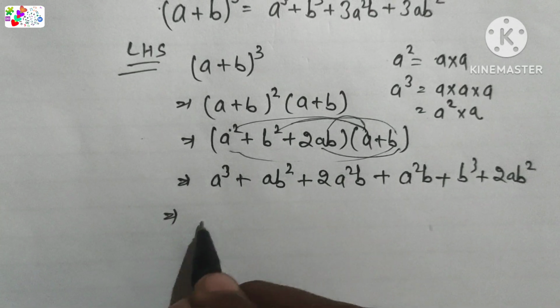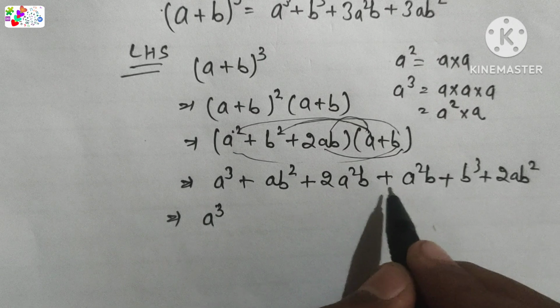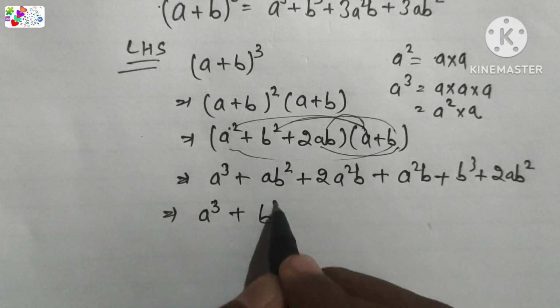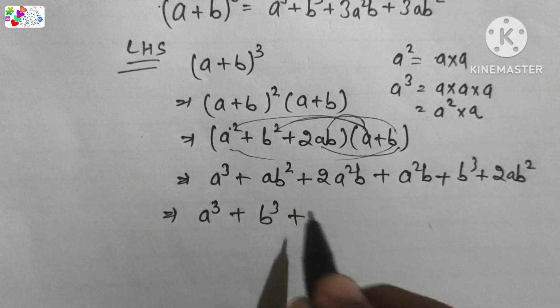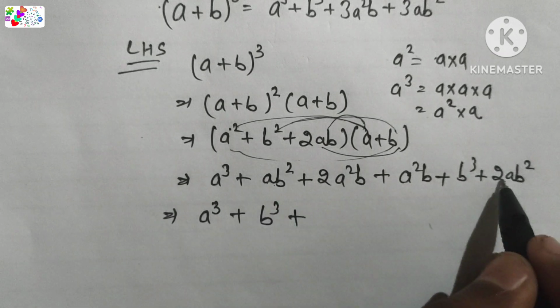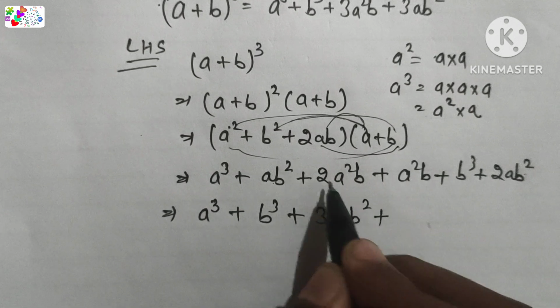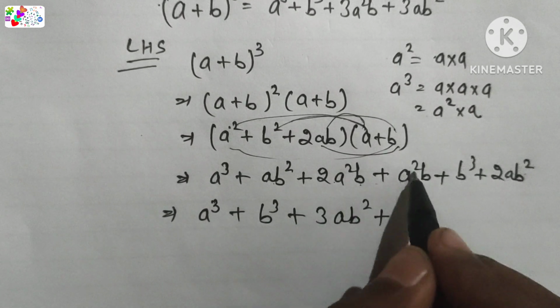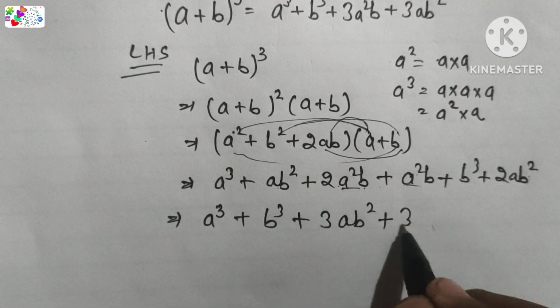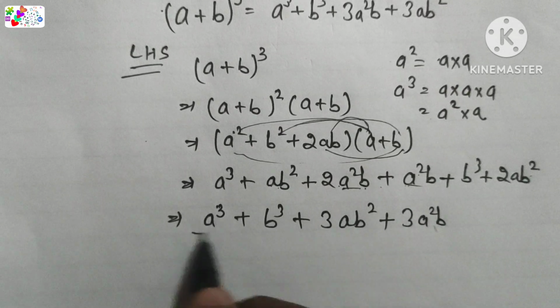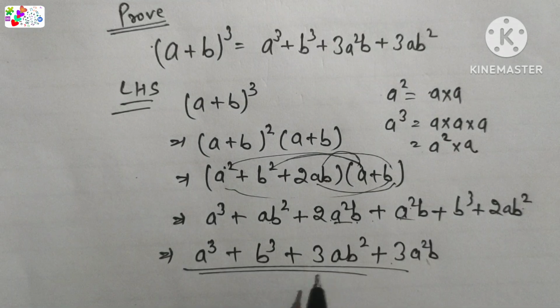So what we have: a cube plus b cube plus ab square. This is 2ab square, so it will be added to make 3ab square, and 2a square b plus a square b, they are the same, so they also add, and we have the proof. Hence proved.